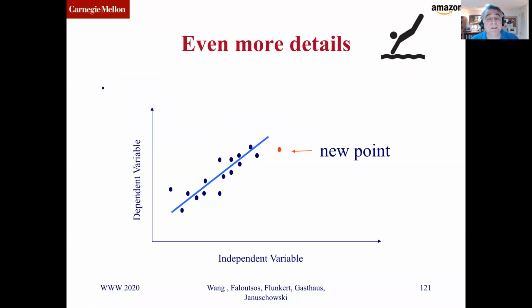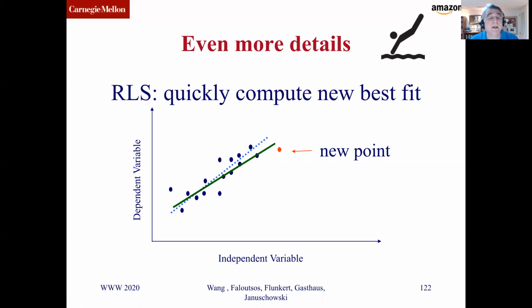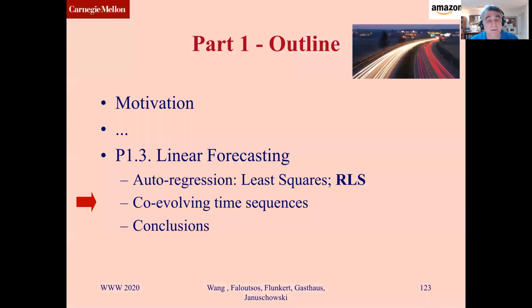If a new point comes in, we don't need to solve the huge Moore-Penrose pseudo-inverse problem from scratch. We can just update some small equations, a W by W matrix. In our case, this will be a 1 by 1 scalar with a new point, and we can compute the new slope very quickly. So this is recursive least squares, and it is strongly recommended if you're working on streaming data.